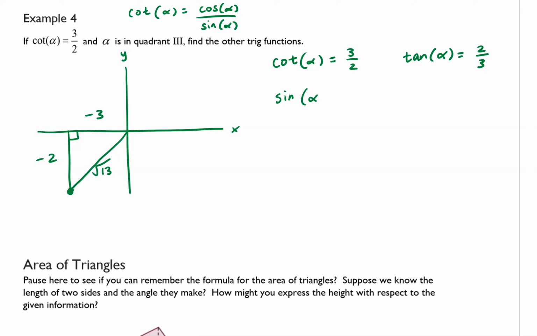Let's do sine of alpha next. So sine of alpha is going to be opposite over adjacent. And so this is the angle that we're looking at here. So the opposite would be this one, and the adjacent would be the -3, and then the hypotenuse would be the square root of 13. And I made a mistake here. That should be opposite over hypotenuse, since it's SOH CAH TOA.